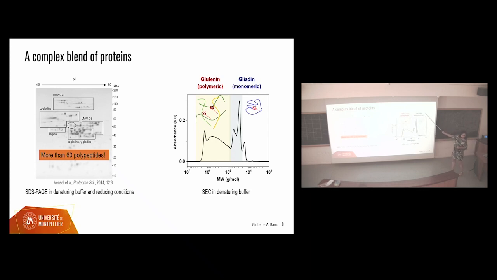The gliadin, which is ethanol water soluble, contains monomeric protein that may have intramolecular disulfide bond only, and the glutenin that can form intermolecular disulfide bonds. The molecular weight of gliadin is comprised between 20,000 grams per mole and 80,000 grams per mole. There are different kinds of gliadins. And in the glutenin family, we have a very wide range of molecular weight from 80,000 grams per mole until more than 1 million grams per mole.